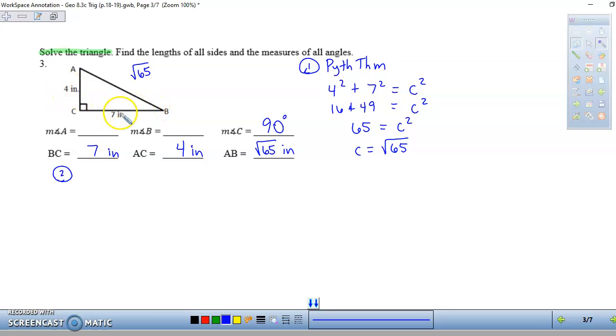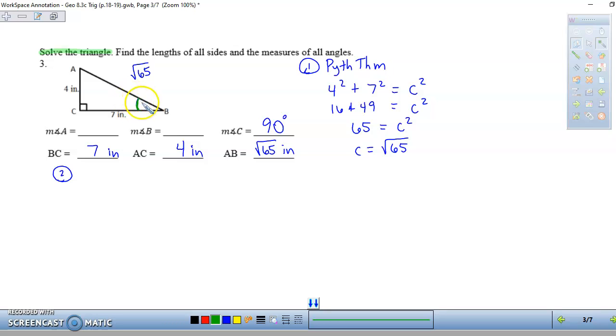But since these guys are whole numbers, the 4 and the 7, I would just use those. It'd be easier than using the square root of 65. So I'm just going to start with angle B. Maybe I'll do it in a different color. So I'll do angle B with green. Okay, so I'm going to do exactly what I did above.